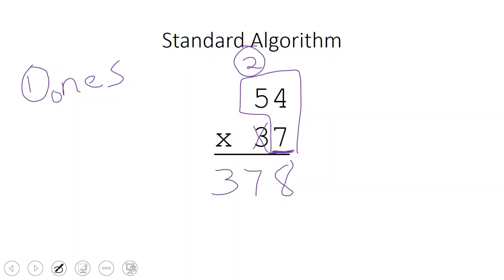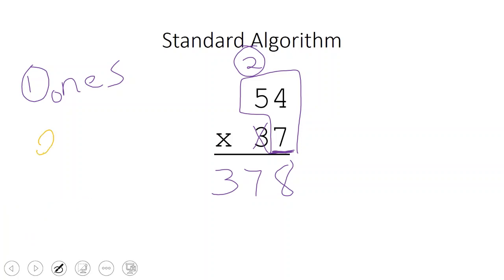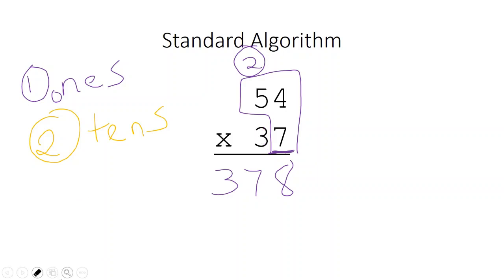So I've solved my ones. My next step, let's grab, how about orange? My next step is to do the same for my tens place. So I've multiplied the 7 in 37. Now I need to multiply that 30. So I'm going to go ahead and bring that 3 back because I need it now.